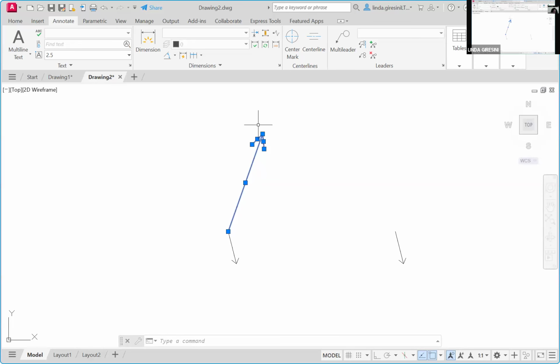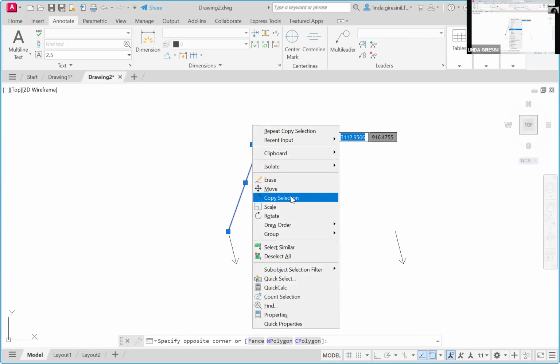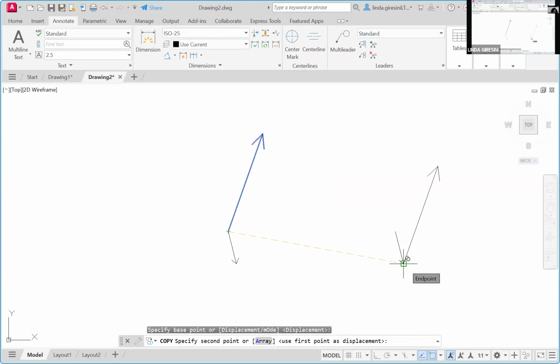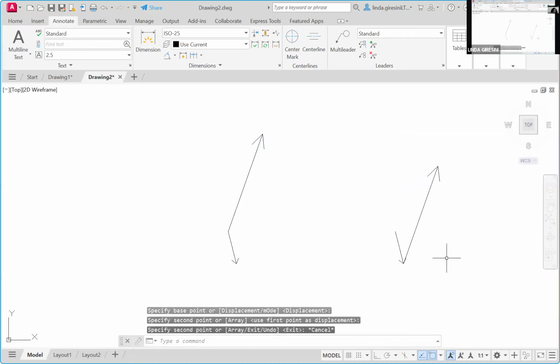So we copy selection with this command. And you see, the tail of the second force is coincident with the arrow of the first force, because this is the head. That's it.